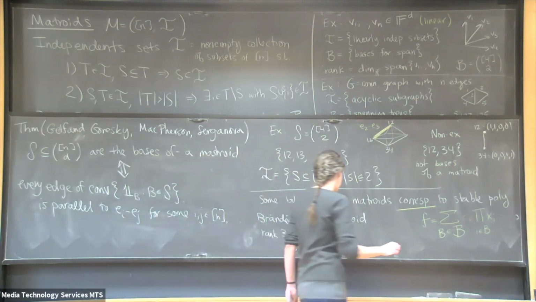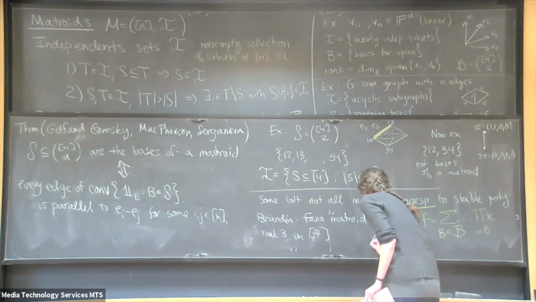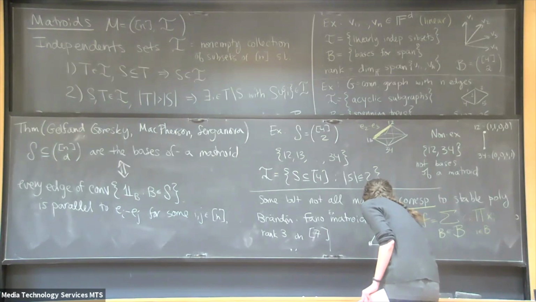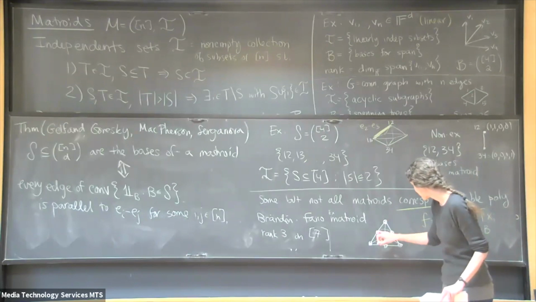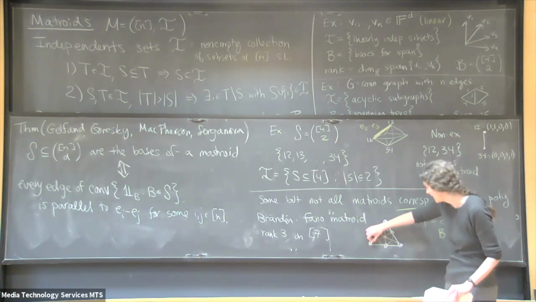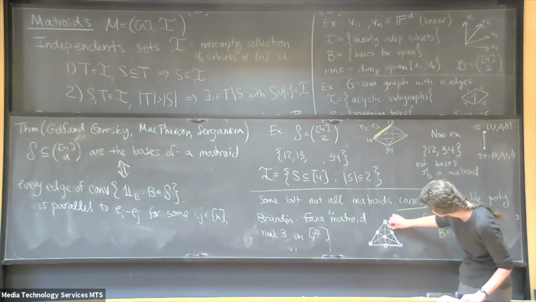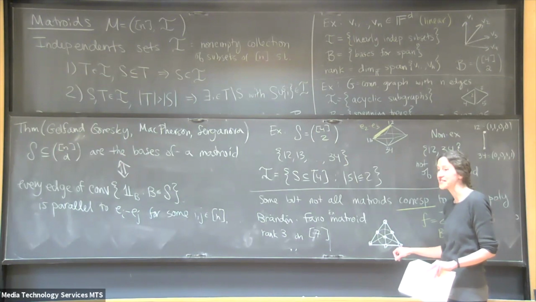It's all the non-lines in this picture, where the circle is also a line. There should be 1, 2, 3, 4, 5, 6, 7 points. These 3 are on a line, these 3 are on a line. The bases are all the triples that are not on a line.